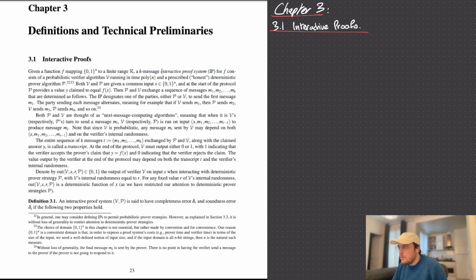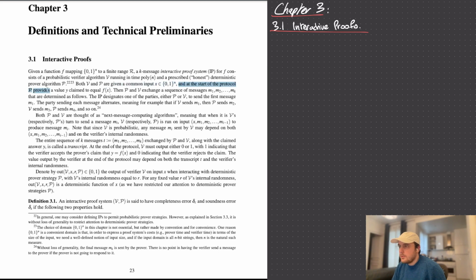A k-message interactive proof system for f consists of a probabilistic verifier V running in polynomial time and a prescribed honest deterministic prover algorithm P. Both V and P are given the common input x in the set {0,1} to the power of n.